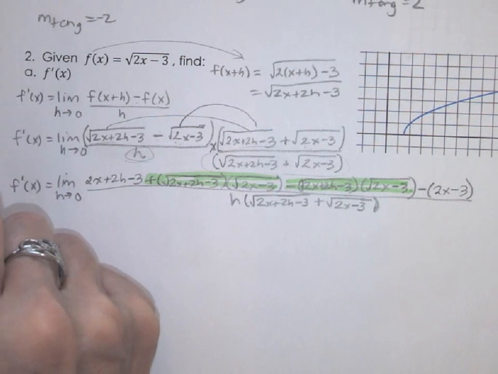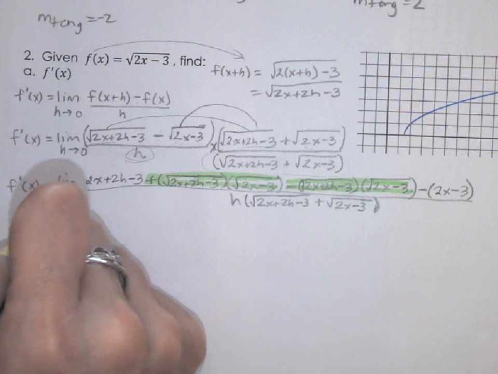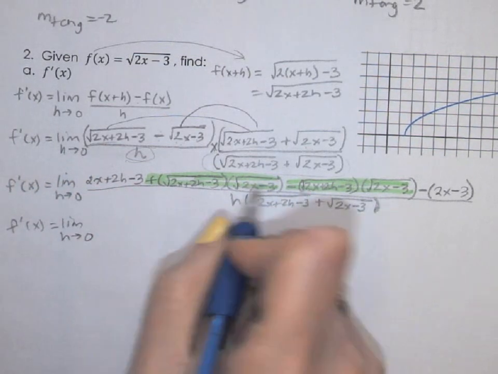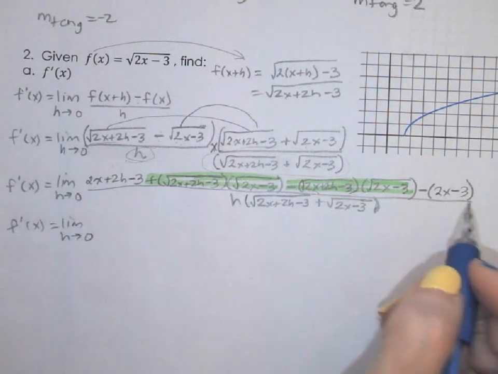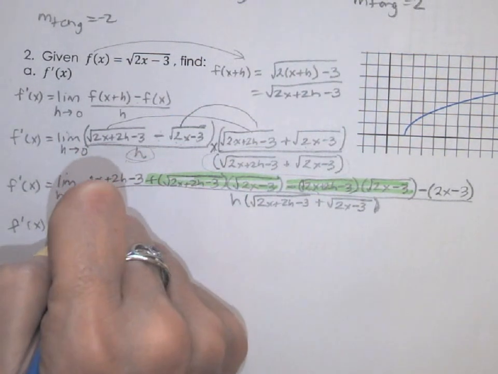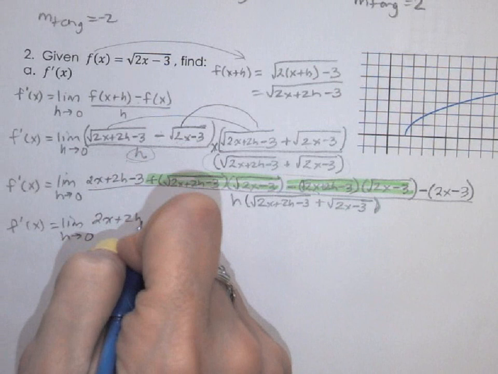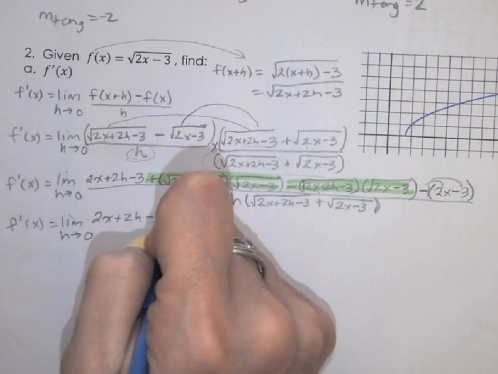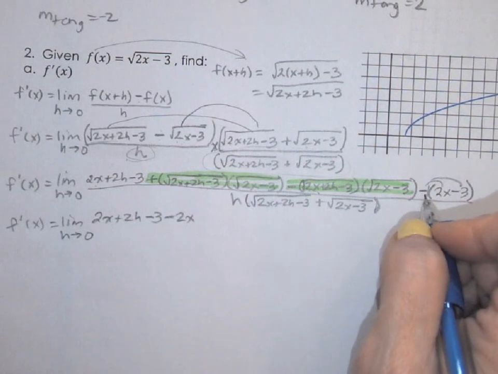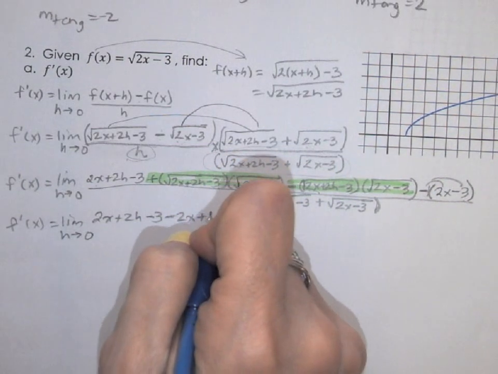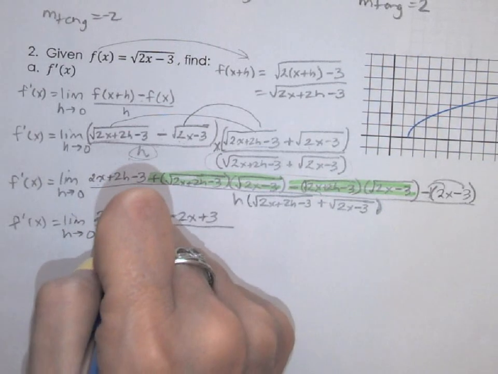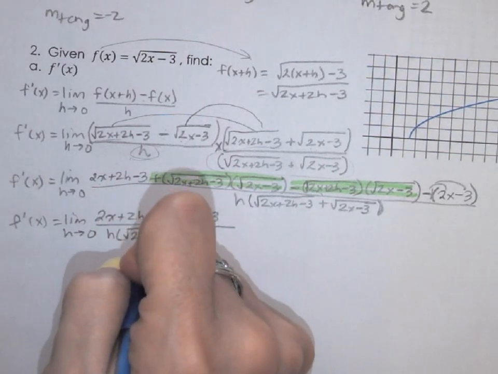Okay, so back to the numerator again. Those middle terms add to 0. I'll just expand that bracket through again while we're still getting used to this algebra here. So -1 times -3 is +3 over h times this conjugate radical here.